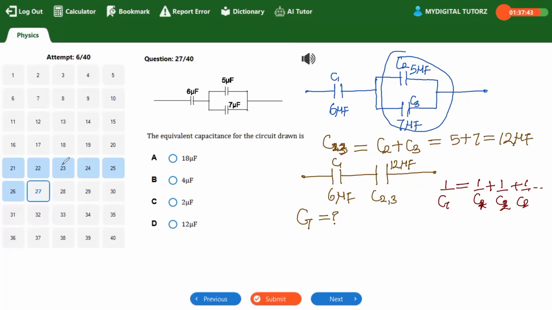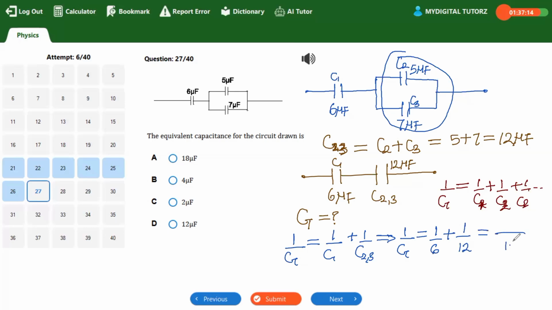Therefore, in this case, we use that formula to find our C total. 1 over C total equals 1 over C1 plus 1 over C2,3. This implies that 1 over C total is equal to 1 over 6 plus 1 over 12, right? If you find the LCM here, that will be 12.